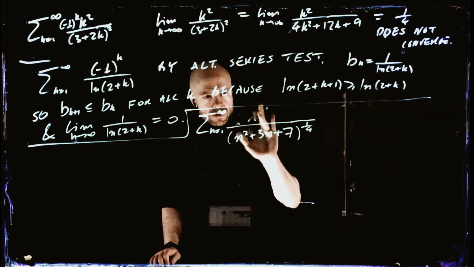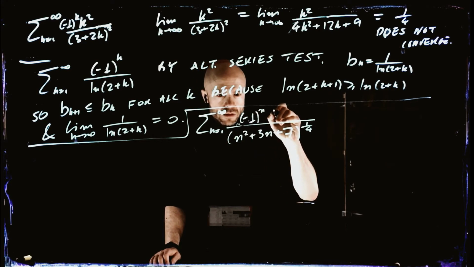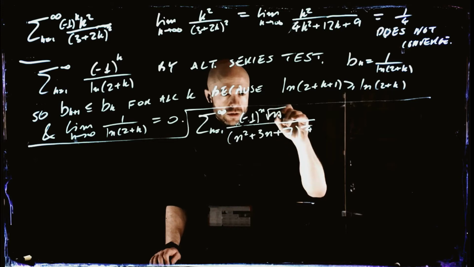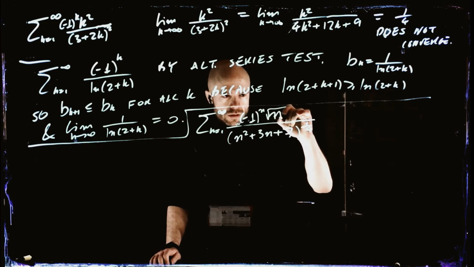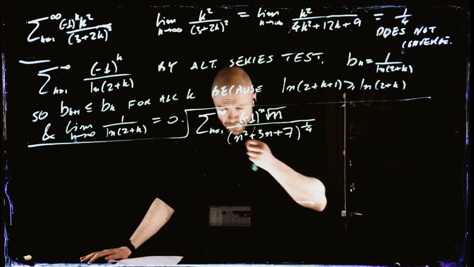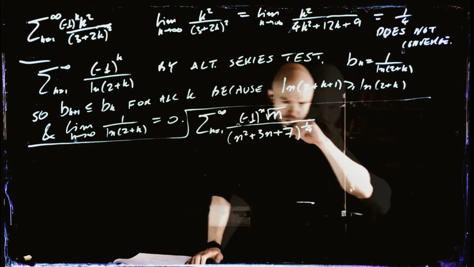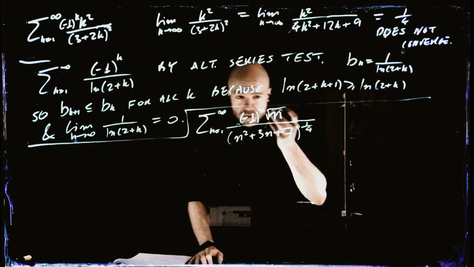What about this? Does this converge? What do you think? Okay, let's do a survey. Thumbs up if you think it converges, thumbs down if you think it doesn't. All right, somebody tell me why it's not going to converge. Perfect. Again, the limit just doesn't tend to 0.